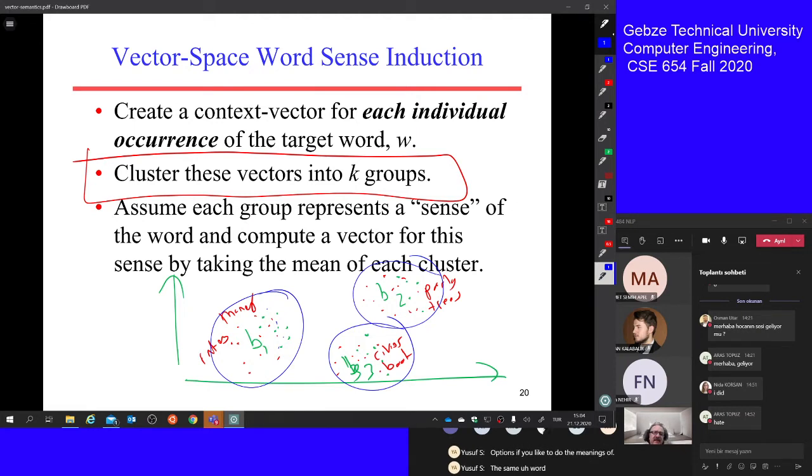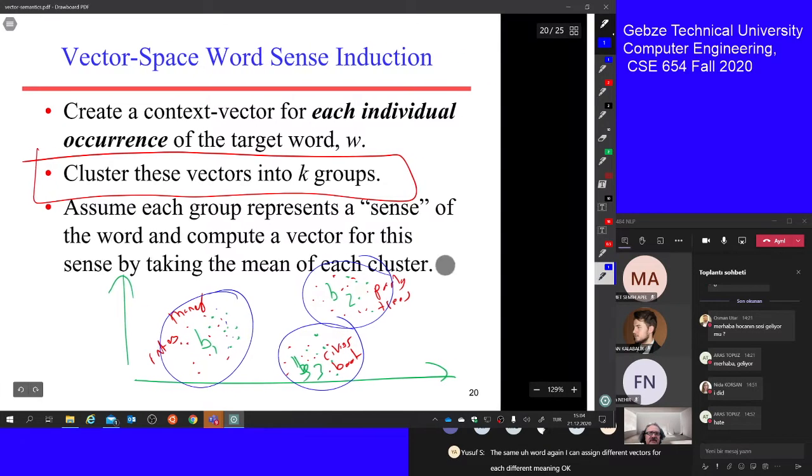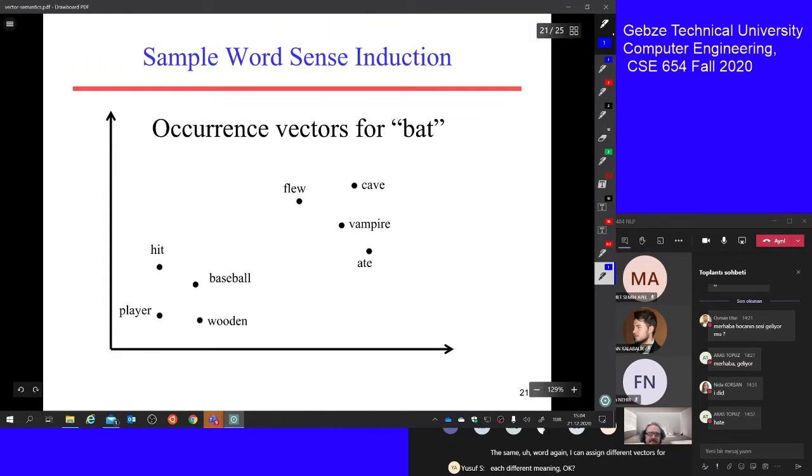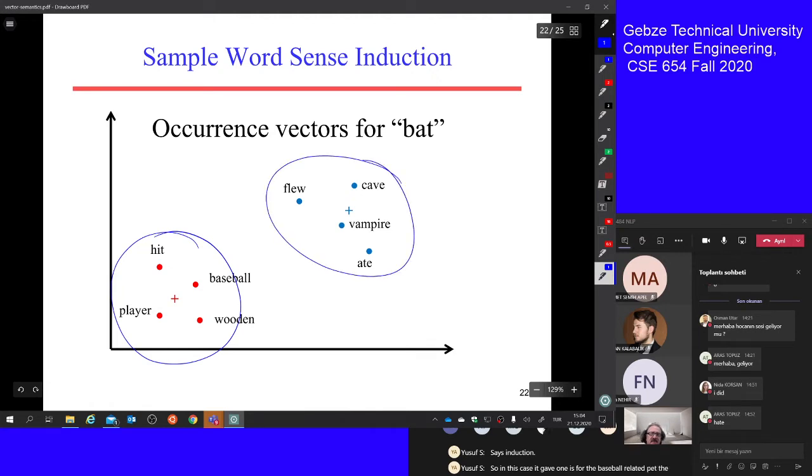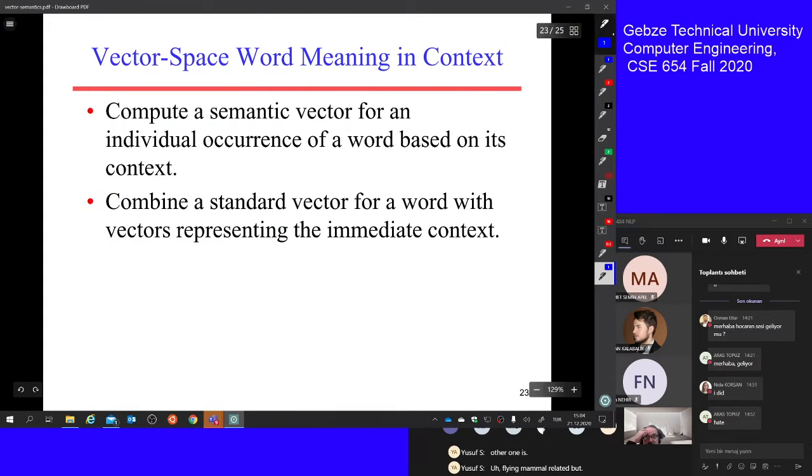Again, I can assign different vectors for each different meaning. This is sense induction. In this case, one is for the baseball related bat, the other one is flying mammal related bat. Do I want to do this?